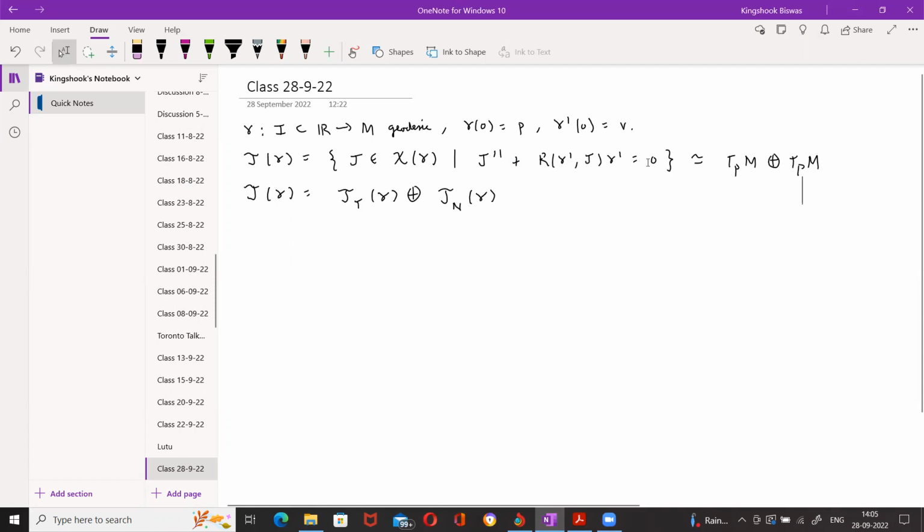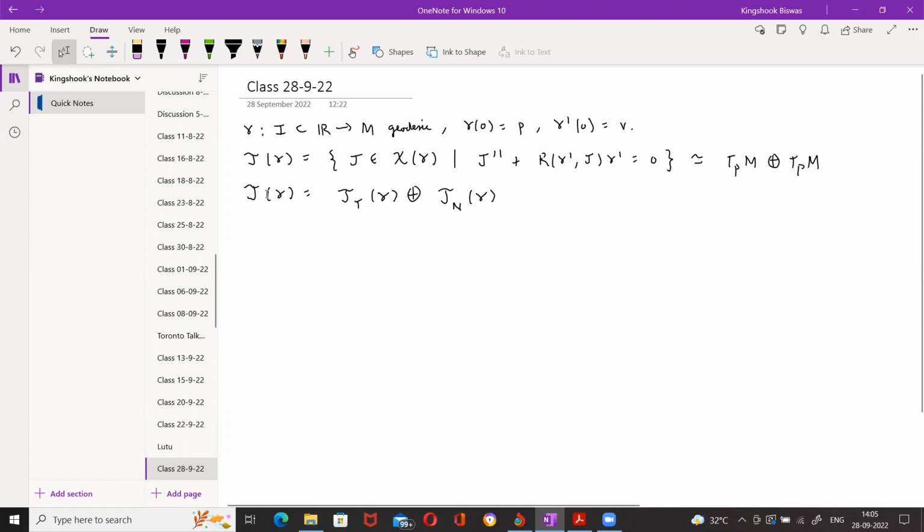Since this is a second order linear ODE, any solution is uniquely determined by its initial conditions J(0) and J prime(0). So the space of Jacobi fields is identified with T_pM direct sum T_pM. So it has dimension 2n.